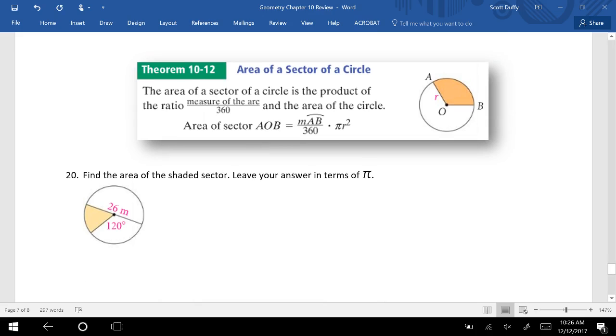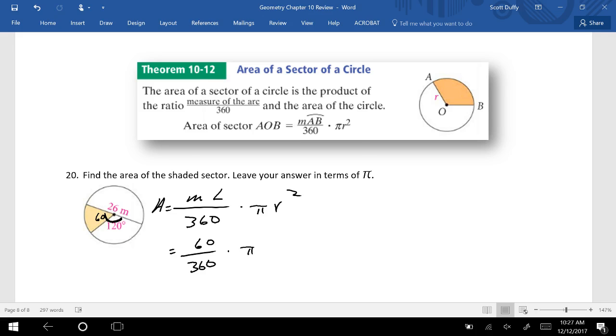Area of a sector is the portion out of 360 of the angle times the whole area. So if we have 120 degrees right there, and we know the whole thing is 180, then this would be 60. So the measure of the angle over 360 times pi r squared. Measure of the angle, 60 over 360 times pi times the radius, which is, well, the whole diameter is 26, so the radius would be 13.